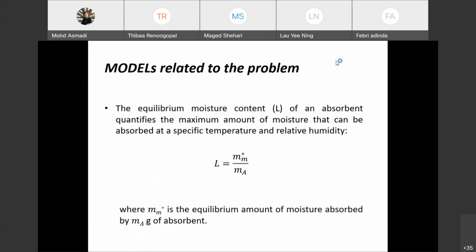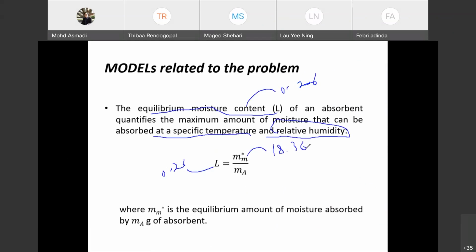Since if you look here, the equilibrium moisture content of the absorbent, this one is given, 0.26. It quantifies the maximum amount of moisture that can be absorbed at a specific temperature and relative humidity. So this one is given as 0.26. Mm we have calculated already, 18.36.